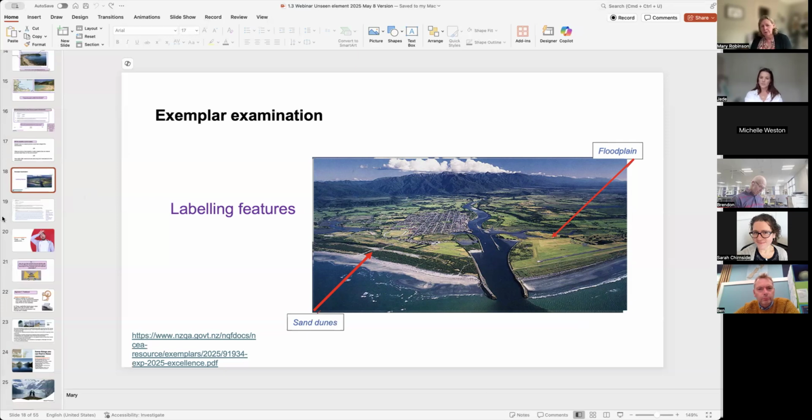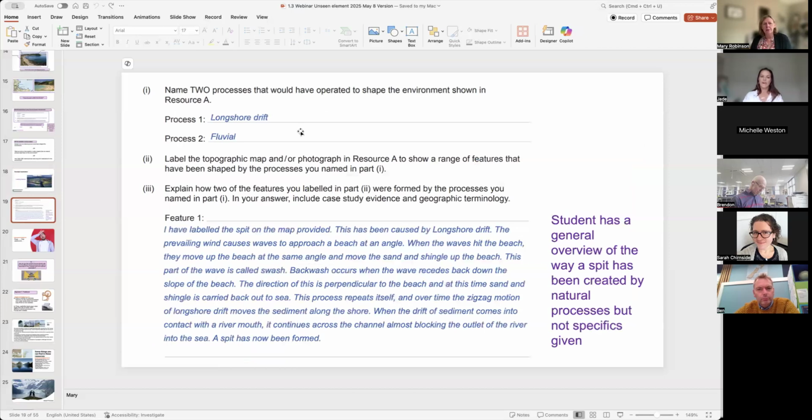So here's what the students had to do. They had to label some features, sand dunes and floodplain. And then they were asked to name 2 processes, and in this case they've got longshore drift and fluvial, and then they had to explain how 2 of the features formed, and I'm just going to talk briefly about one of these.